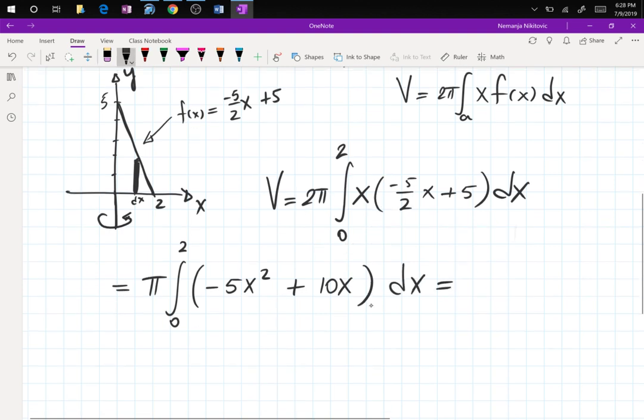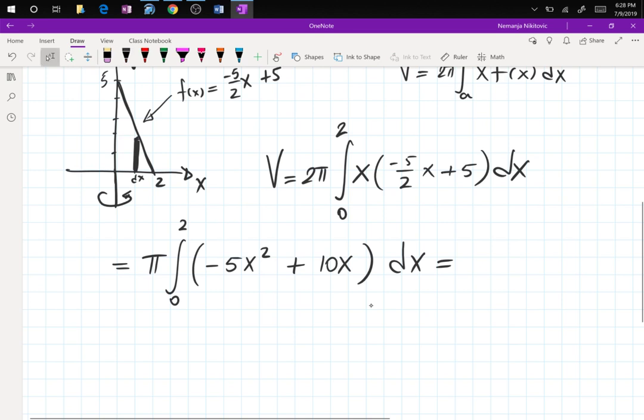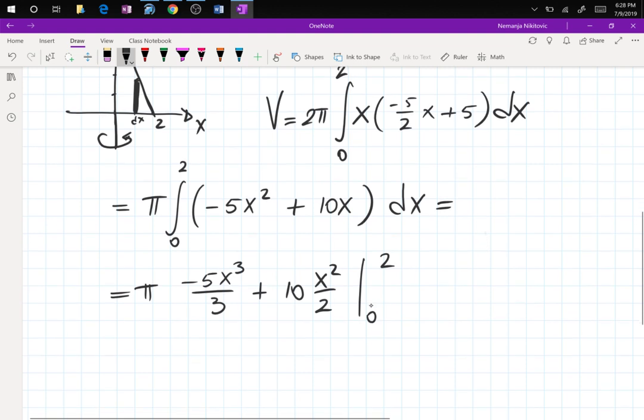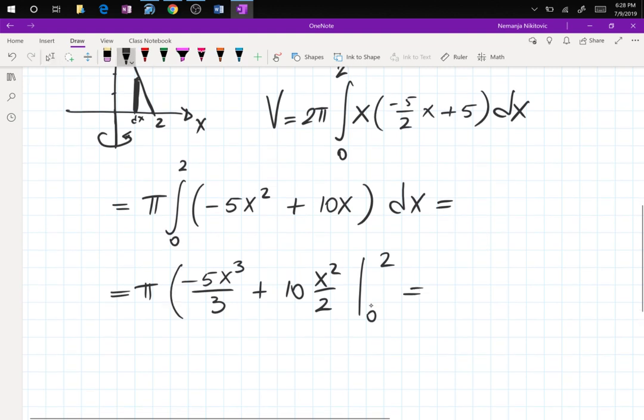remember we are looking for 20 pi over 3. So this is pi, we have negative 5x cubed over 3 plus 10x squared over 2 calculated from 0 to 2. So now pi, open parenthesis, again, these are all polynomials, you don't have to worry about 0.